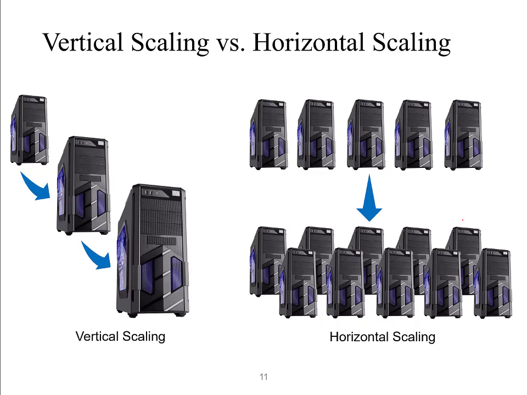In the case of horizontal scaling, as shown in the right part, you add more nodes to the existing cluster instead of increasing the hardware capacity of individual machines. So before you have 5 computers, let's say, and now you have 10.